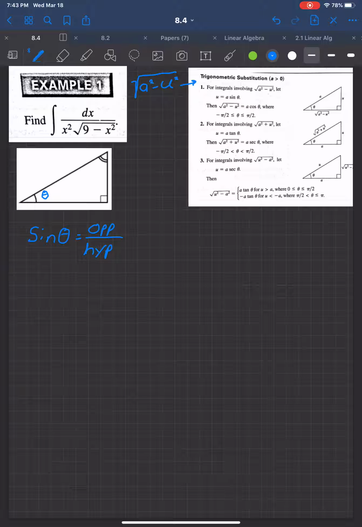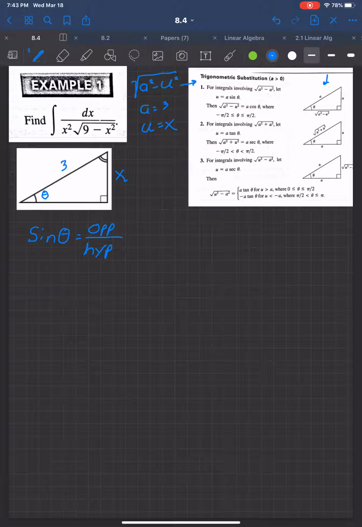Ready? So what is opposite of example 1? You can refer to this little cheat, or you can think about the Pythagorean relationship between the sides of the triangle. In this case, a is equal to 3, and our u is equal to x. So we're going to have x here, that's our opposite, and the hypotenuse is 3.